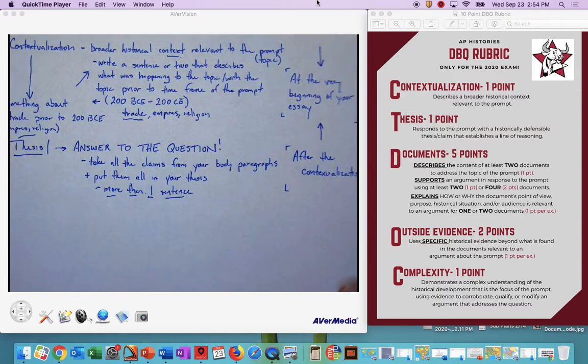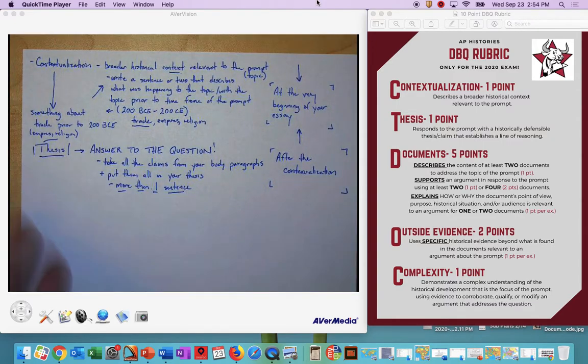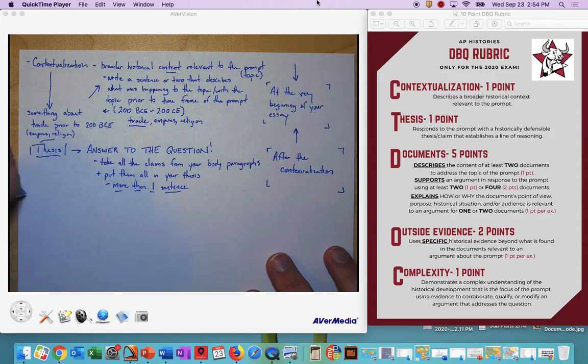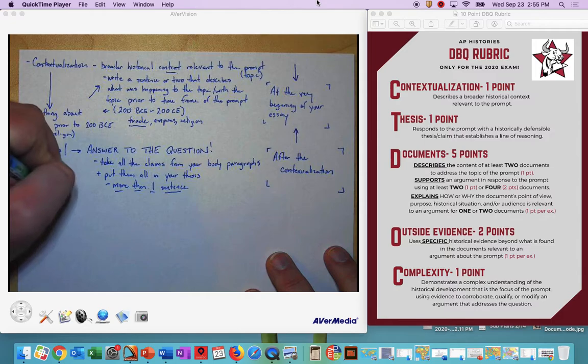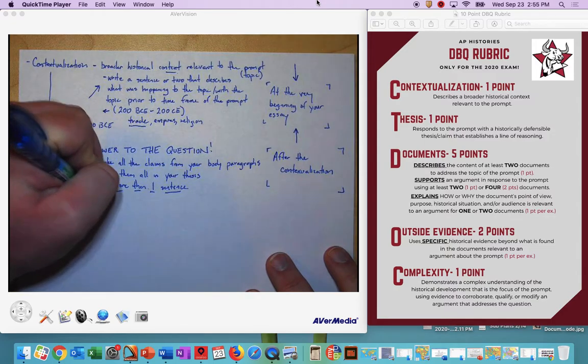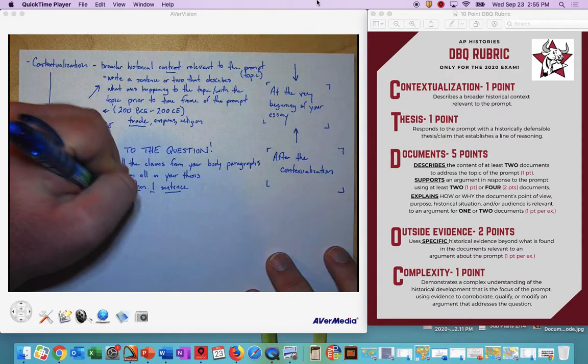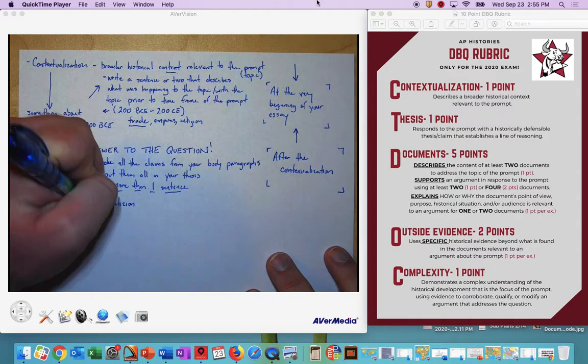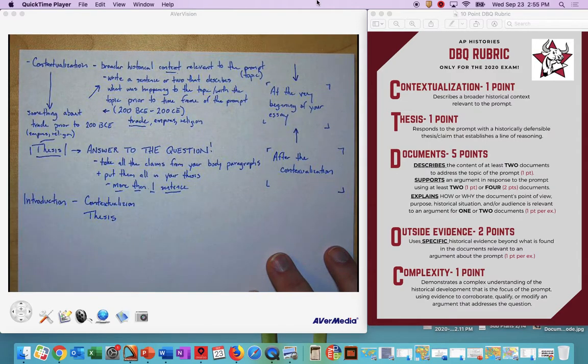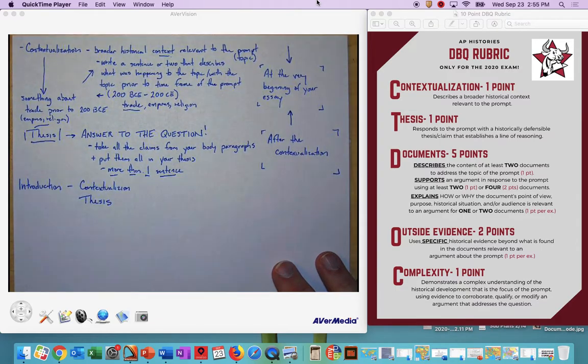This stuff is all that you need to put into your introduction. So your introductory paragraph should be your contextualization, followed by your thesis. That's it. That's the only thing that should be in your introduction, your contextualization, and your thesis.